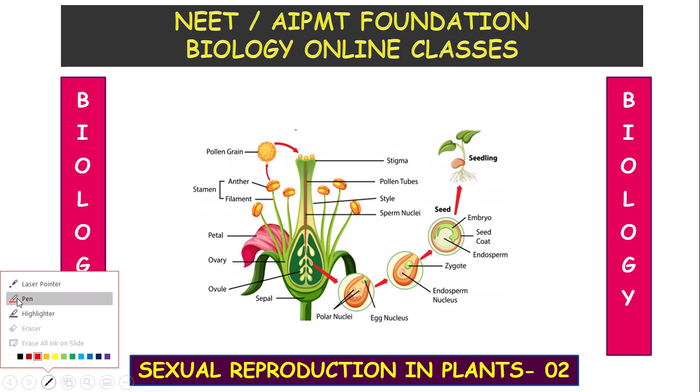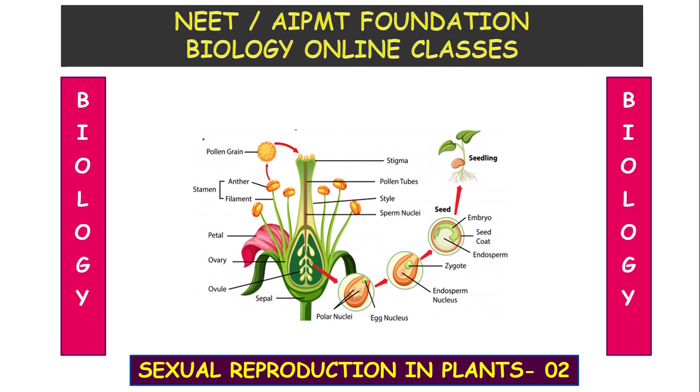Children, in yesterday's class we had a brief introduction and learned about the male reproductive organ, that is the stamen, and the formation of male gametes. The formation of male gametes is called microsporogenesis.